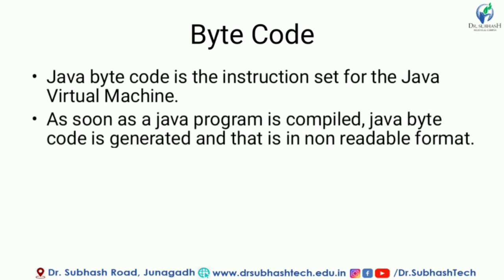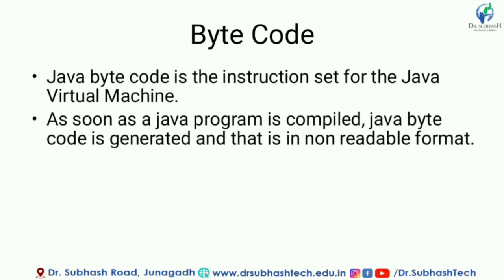As soon as a Java program is compiled, Java bytecode is generated, and this is in non-readable format, right? As we know, we are compiling the Java program. In the previous lecture we saw that using the javac command we were compiling the Java program, and this javac was the compiler given by the JVM also, right?